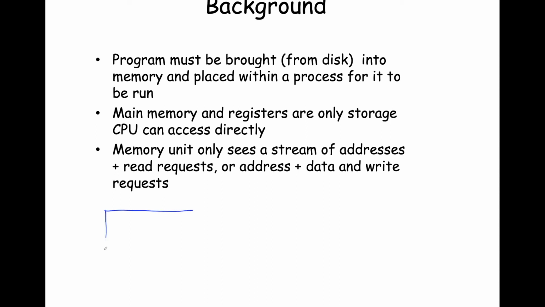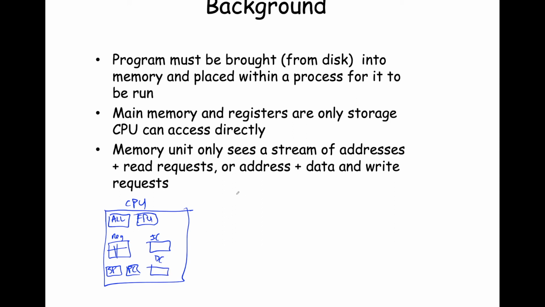Again, we said the CPU consists of a number of components: the arithmetic logic unit, the floating point unit, the register file, the stack pointer, the program counter, the instruction cache, and the data cache.